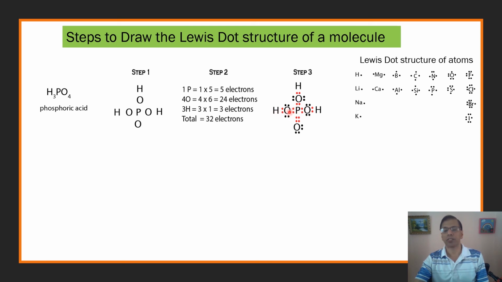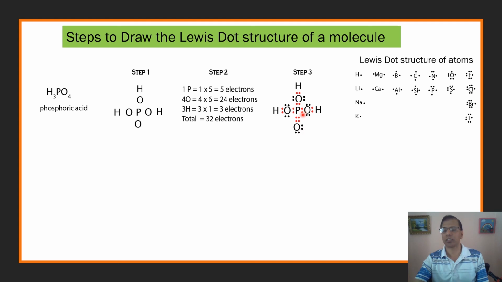Between hydrogen and oxygen, this is the pair of electrons, red, and then between oxygen and phosphorus, this is a pair of electrons that's shared. Once you have arranged all that, you will also put the electrons around oxygen.